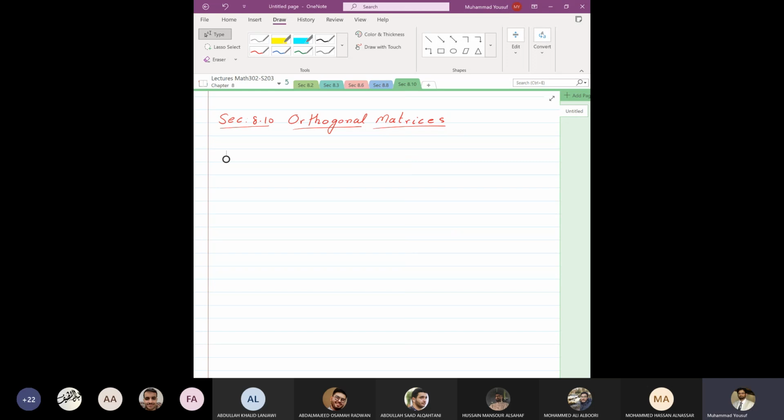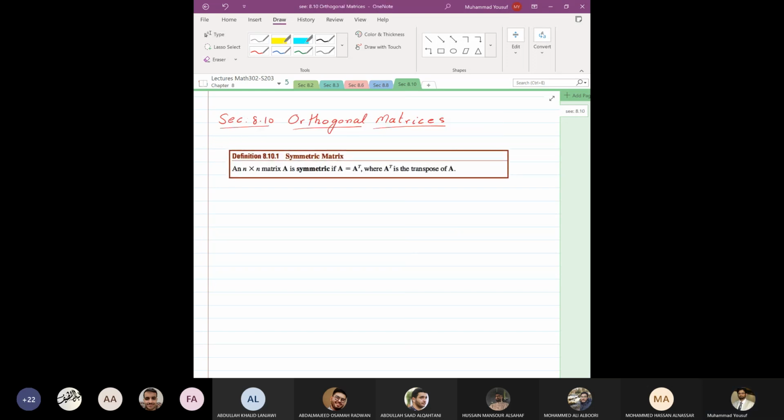So first of all, the definition is: an n by n matrix A is symmetric if A is equal to A transpose.